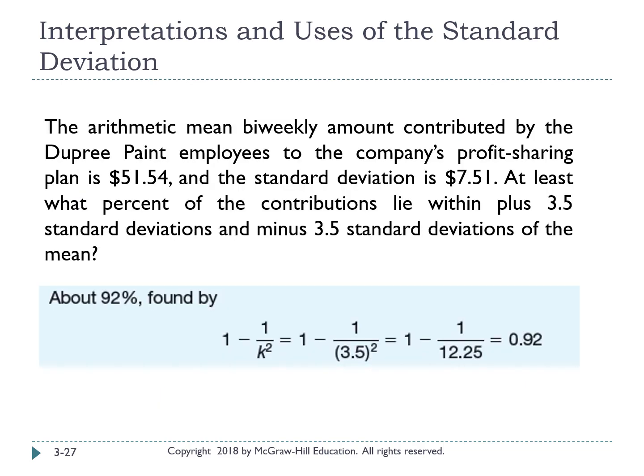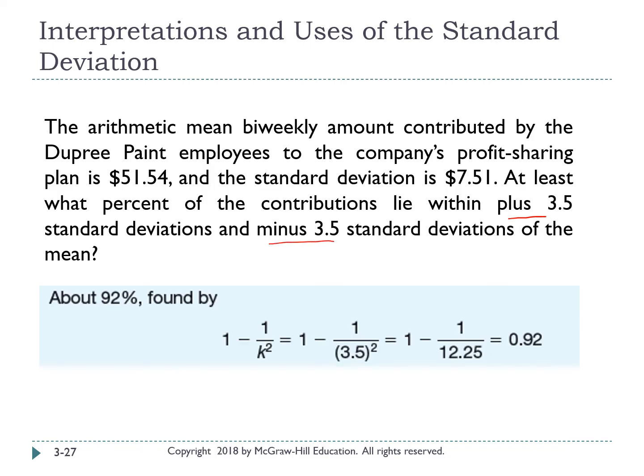This is an example question for the Chebyshev theorem. The arithmetic biweekly mean amount contributed by the Dupree Pen employees to the company's profit-sharing plan is about $51, and the standard deviation is $7.51. At least what percent of the contributions lie within plus and minus 3.5 standard deviations of the mean?